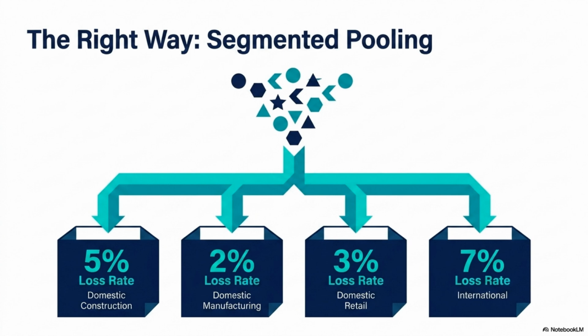Pool 3 covers domestic retail customers at 3%. And Pool 4 covers international customers at 7%. Each pool receives its own historical rate, its own current conditions assessment, and its own qualitative factor adjustments. The required allowance is calculated separately for each pool and then summed.